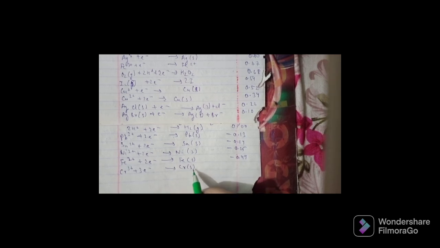Now we have another one, Cr3 plus 3 electrons, it will give Cr, but it is not visible. So now it will be Cr3 plus to Cr, and the tendency is minus 0.74.